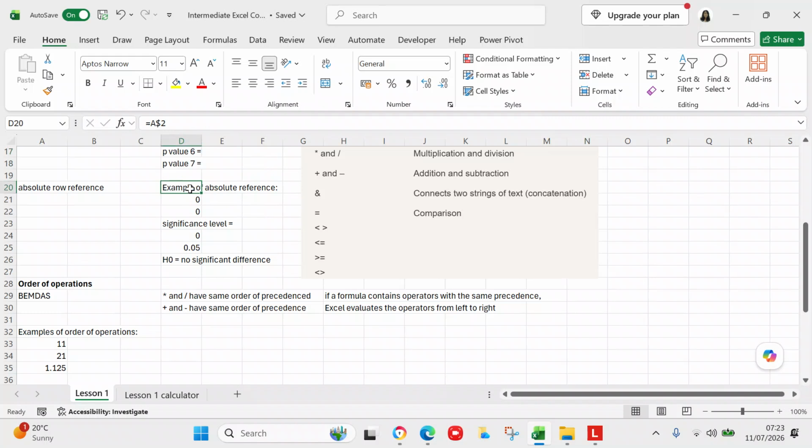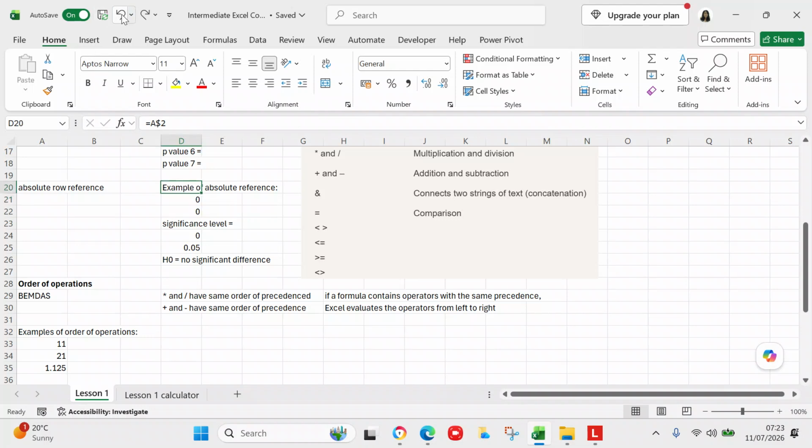You're going to be looking at column A, and column A can be any column, and $2 means that you're looking at row 2. Then you're going to copy this over. We're going to use the autofill. Well, that didn't work out very well.